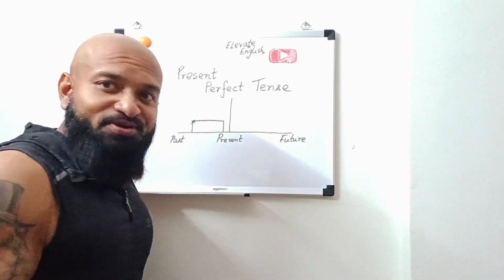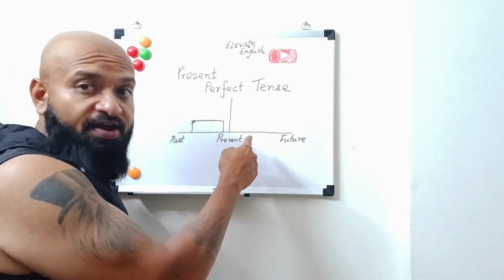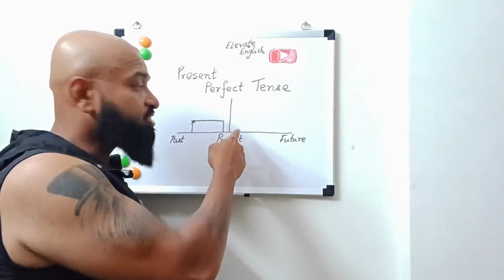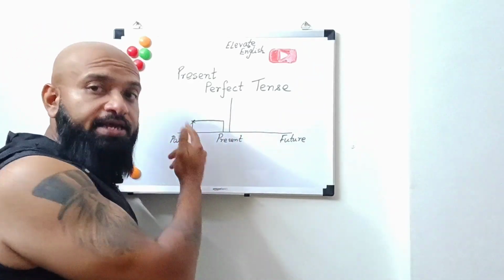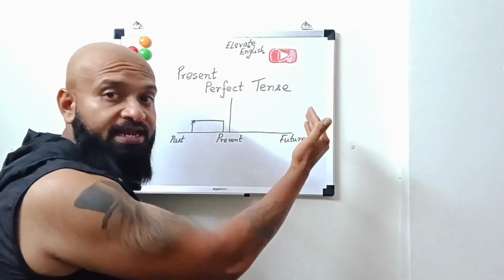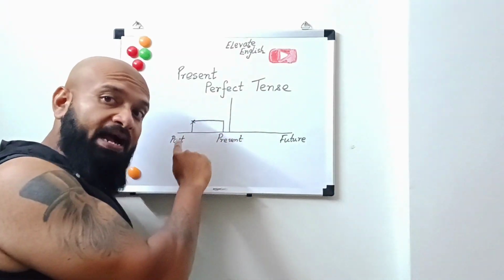Does it make any sense to you? I'll explain. This is my line of reference, the central line of reference, and it's called the present tense. Now anything on the left is past, anything on the right is the future. However, we're going to deal not with the future but with the past and the present.